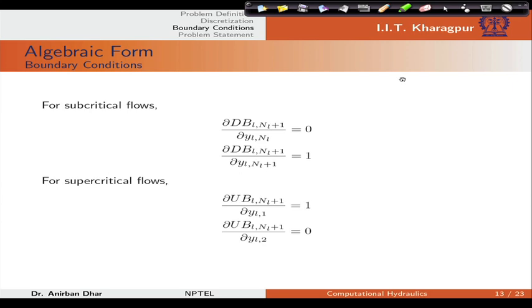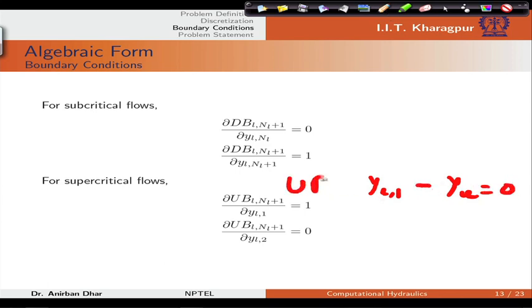Now for the supercritical flow condition, similarly if we have y L 1 equal to y u, we can transfer it to the left hand side, upstream boundary L NL plus 1 equal.